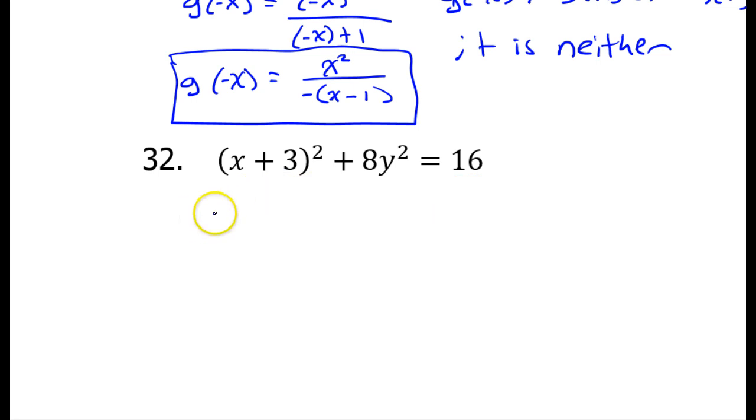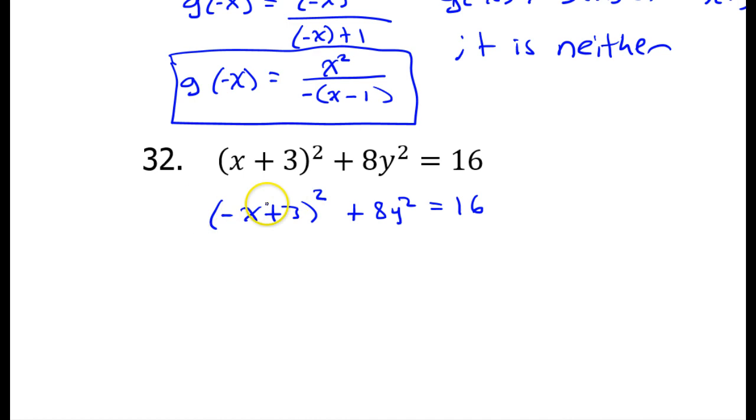So let's see what happens if I replace x with negative x. So this will become negative x plus 3 squared plus 8y squared is equal to 16. I've replaced x with negative x. Now I could factor out the negative sign here.